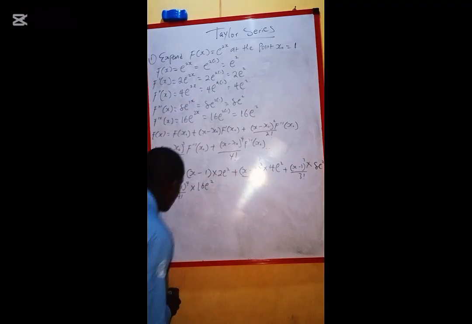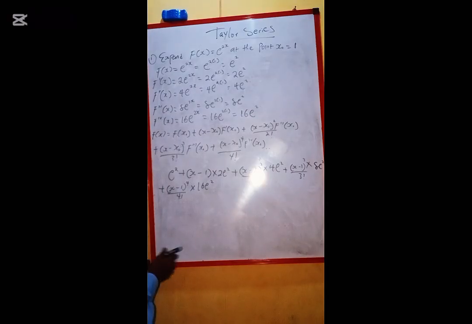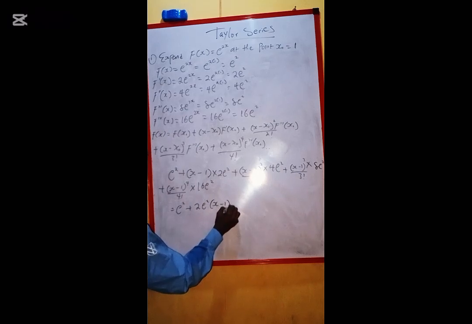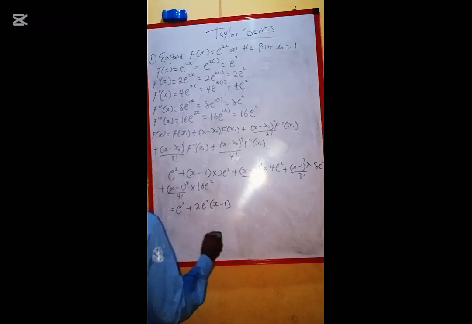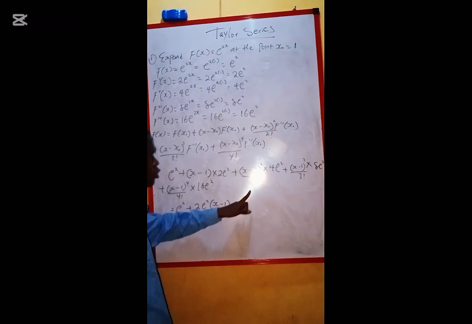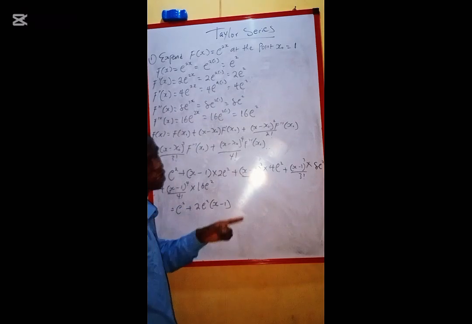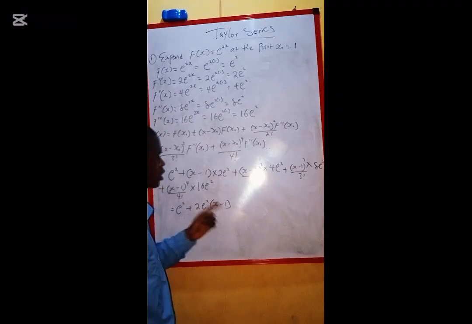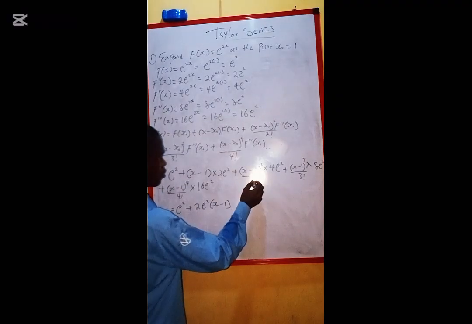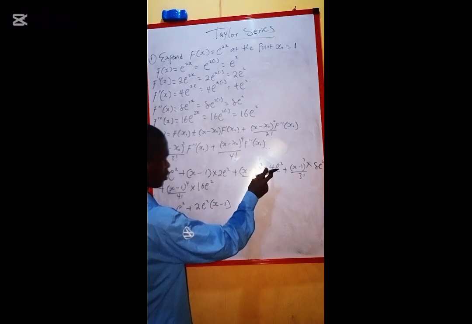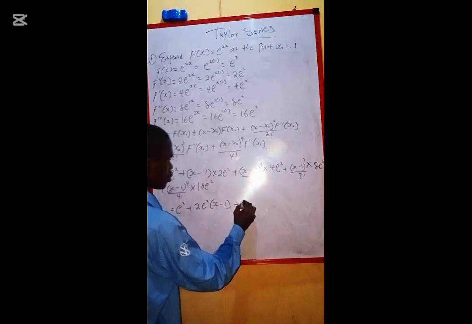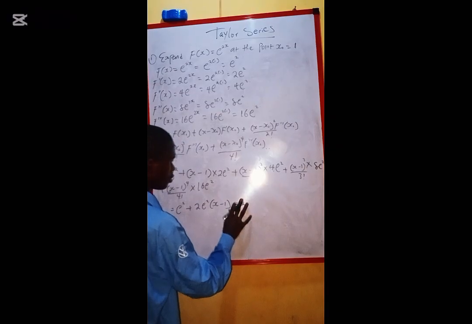So our answer will be e squared plus 2 times 3, so that's 2e squared (x minus 1). What's 2 factorial? 2 factorial is 2 times 1, right? So 2 cuts out 4, then it will be 2. Okay, let me break it down.